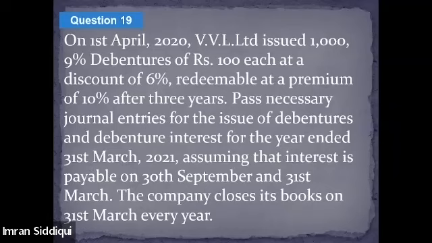See, years are not important right now. Whether it is written that it will be redeemable on an installment basis, or all the debenture amount will be redeemed at once after 5, 6, 10 years, years are not important. Installments are not important. The only important thing is that it is to be redeemed at 10% premium, and that it is being issued at a 6% discount.